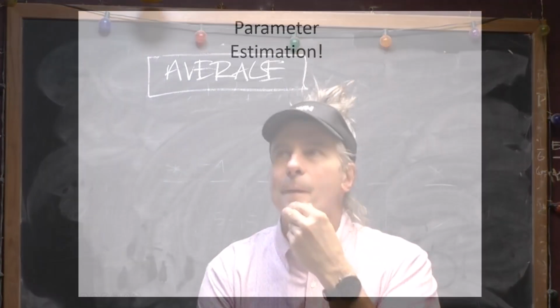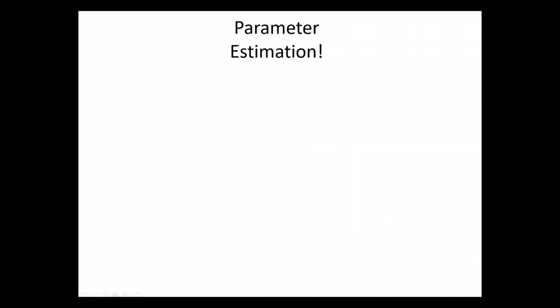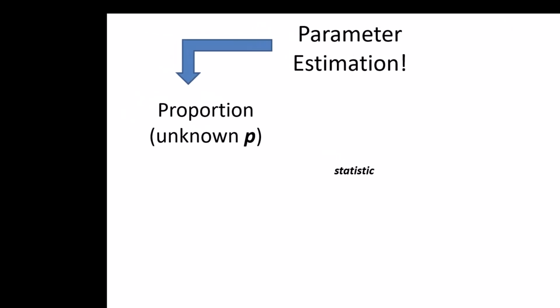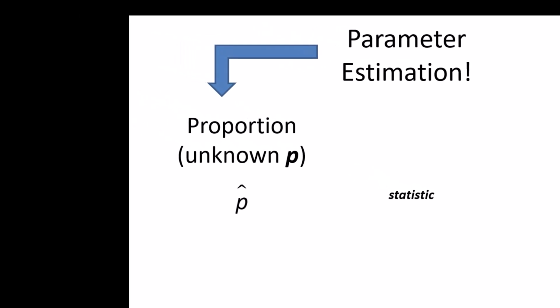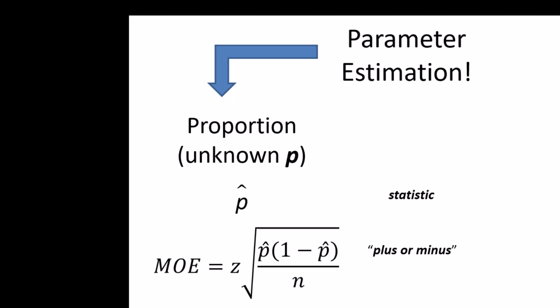Awesome. Okay, my friends. So far, we've been trying to estimate the parameter, and the only one we've got so far is the unknown parametric proportion, which we call little p. The statistic that we use to do that is p hat, and the margin of error from last week is built around that p hat, and also the sample size and also the confidence multiplier.